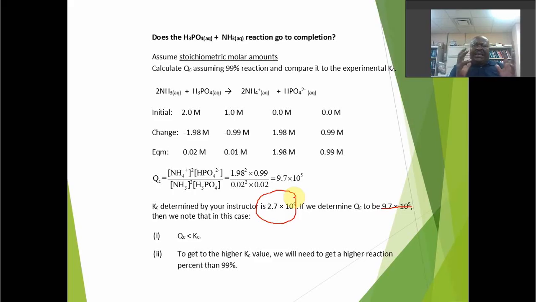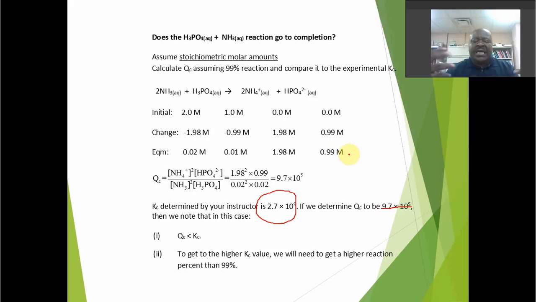Well, how would I get this Qc to approach Kc? What I'll need to do is to assume a greater extent of the reaction. If I go 0.999 or 99.9% reaction, then this number increases, right? This number here will decrease, this number will decrease, this number increases, this number will increase.